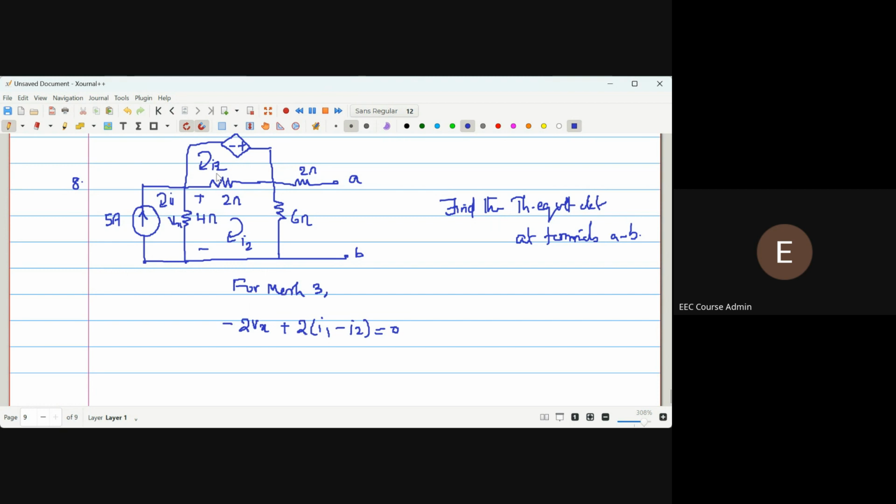Minus 2Vx plus 2 into, okay, so this will be I1. Sorry, I had taken the other way. So I1, I2, I3.